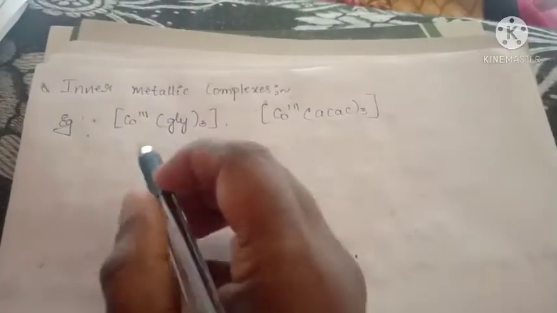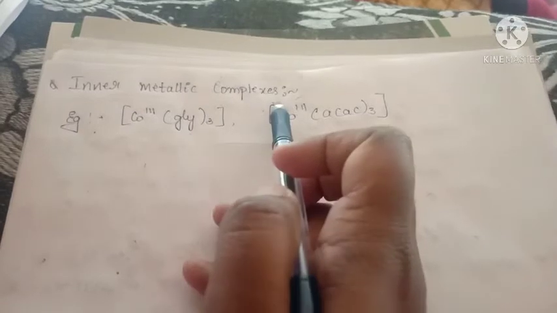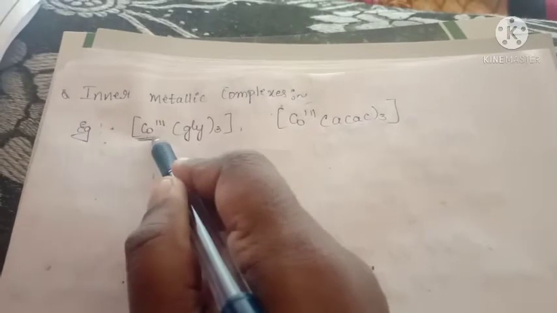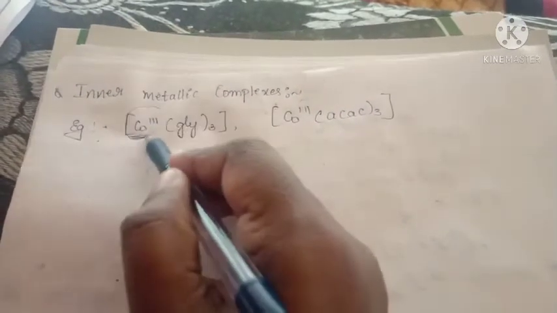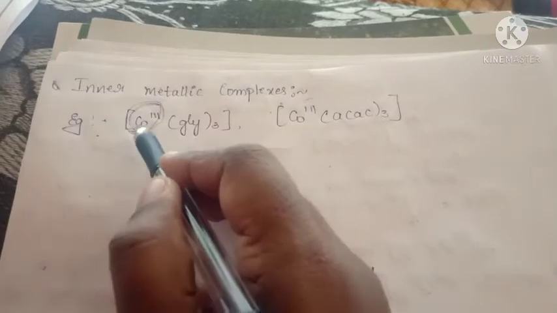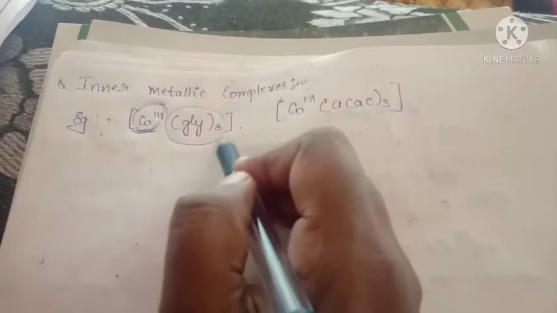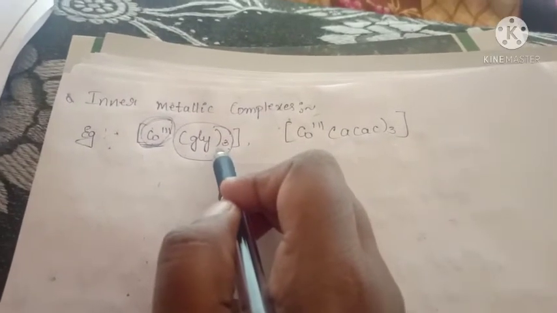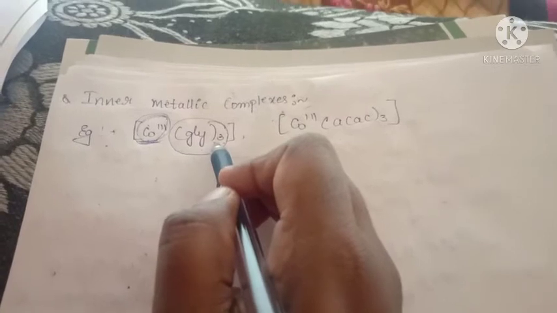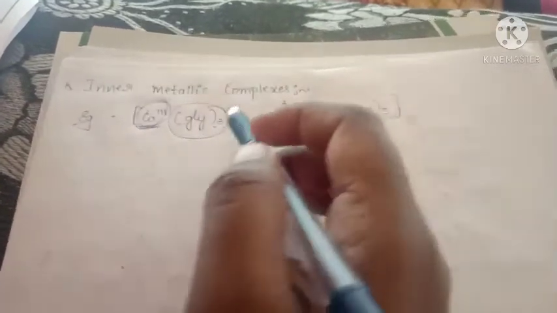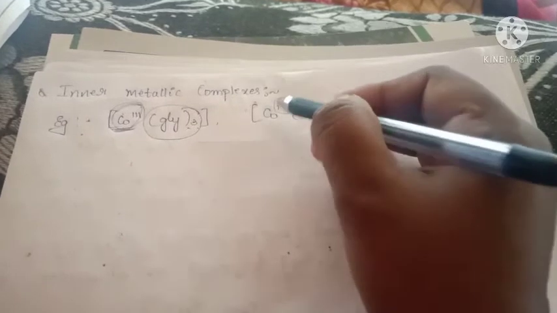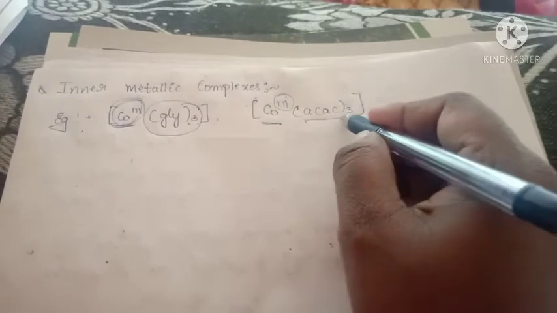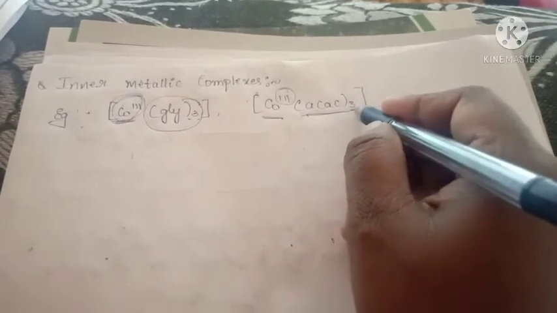Here in inner metallic complexes, the oxidation number of the central metal atom and the number of ligands should be the same. We call this an inner metallic complex. Get it? It means the oxidation number of the central metal atom should be the same as the number of ligands attached to the central metal atom.